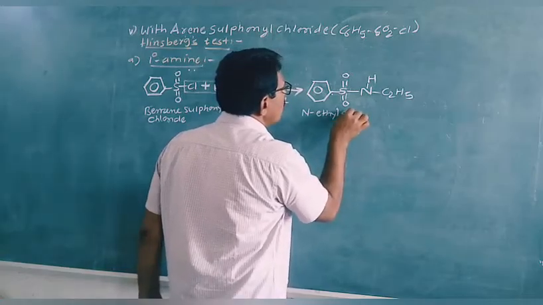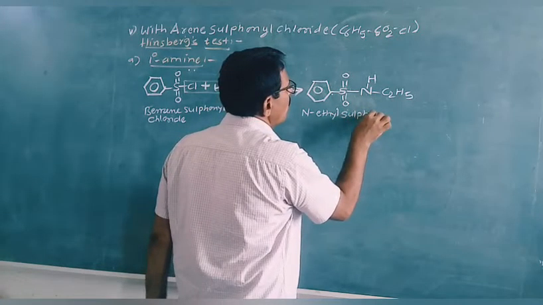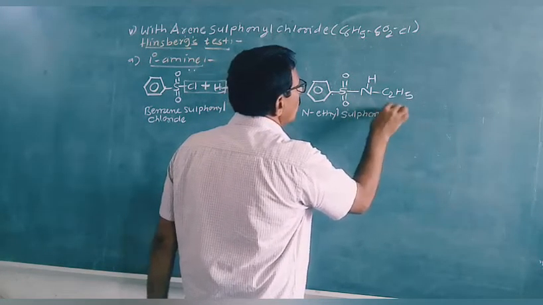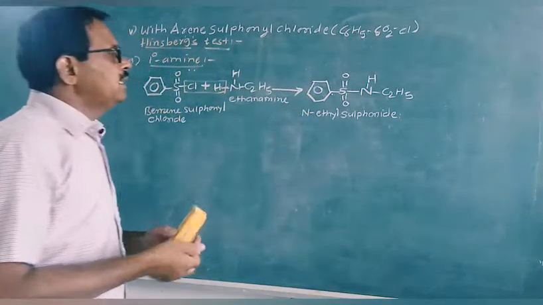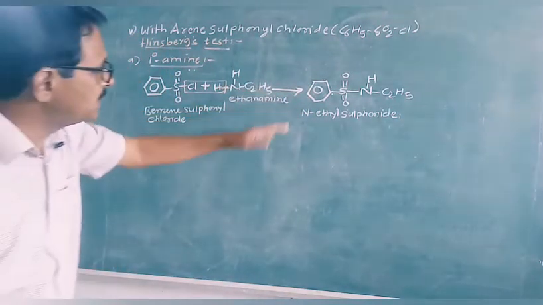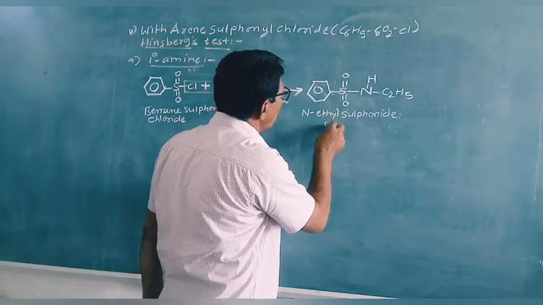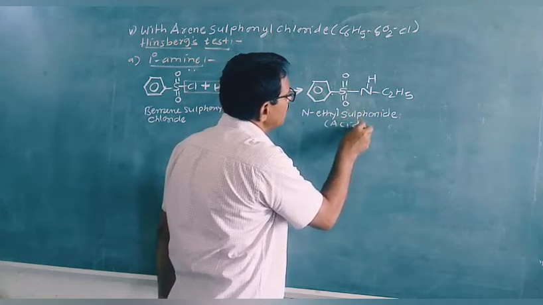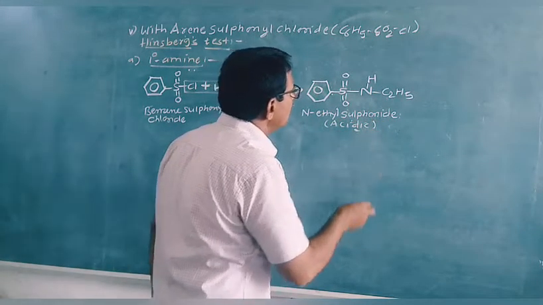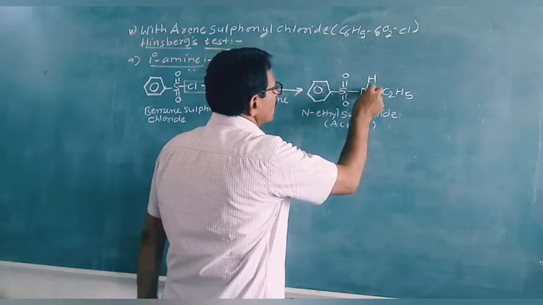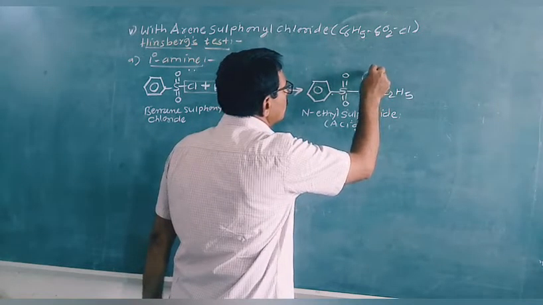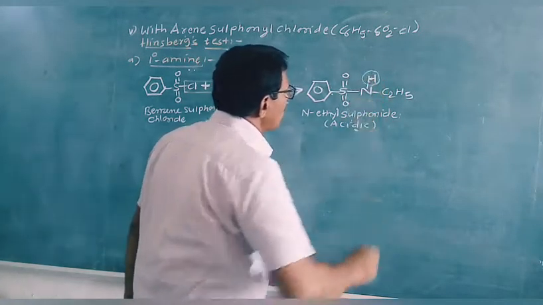N-ethyl benzene sulfonamide is obtained. Now this N-ethyl sulfonamide is acidic in nature. This compound is strongly acidic in nature. Why is it acidic? Because the nitrogen atom is attached to a hydrogen atom.